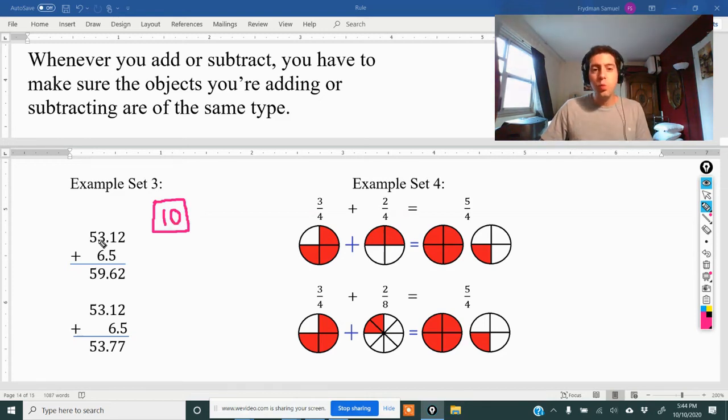And then I have 3 ones, and let's say that a 1 should be 10 times smaller than a 10. So I have 5 of these 10s and 3 of these 1s.